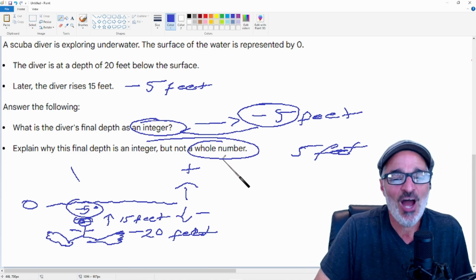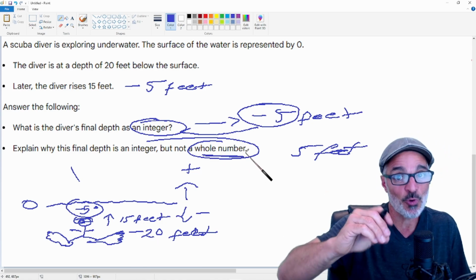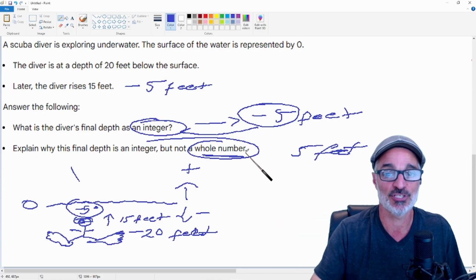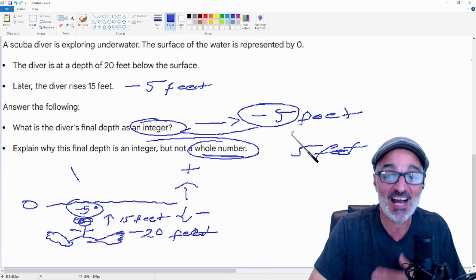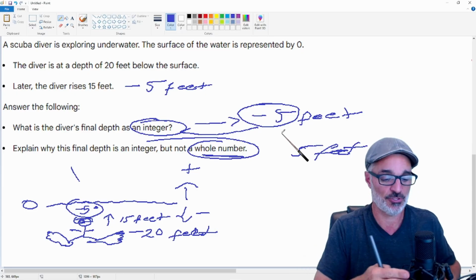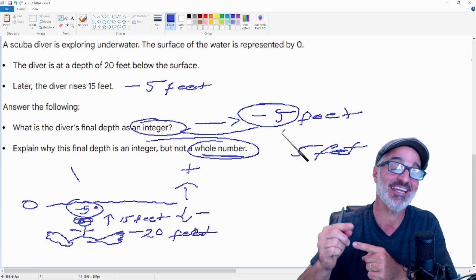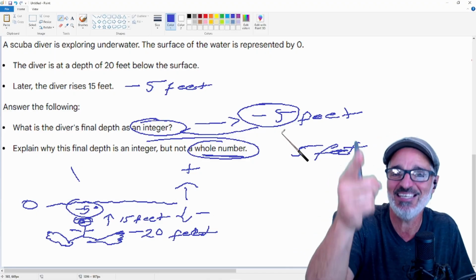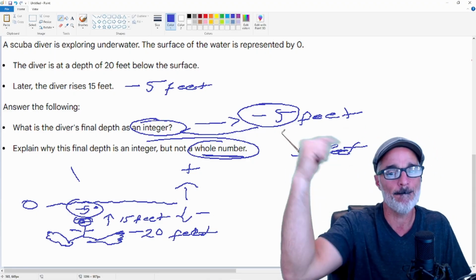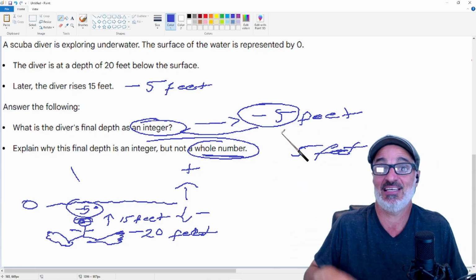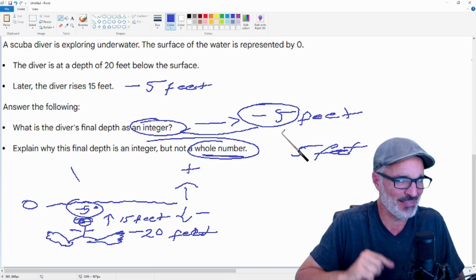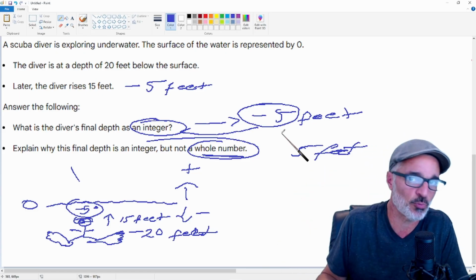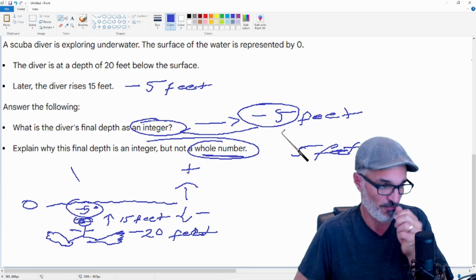Whole numbers include 0 and all positive numbers, but they do not include negative numbers. So minus 5 is an integer and not a whole number, because whole numbers do not include negative numbers. Boom. If I answered that he's at 5 feet, not minus 5 feet, I would be wrong, because I would be saying that he's outside of the water and he hasn't come out of the water.